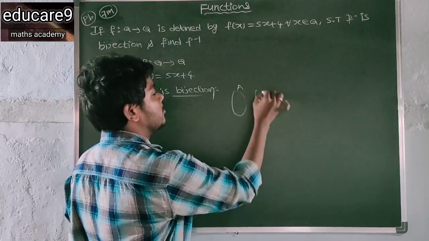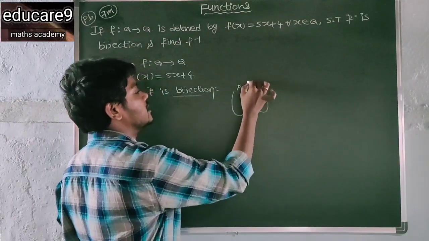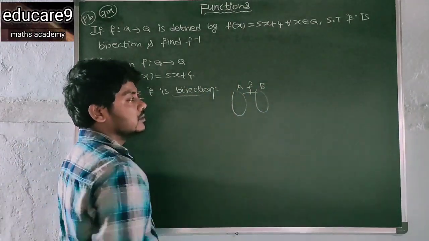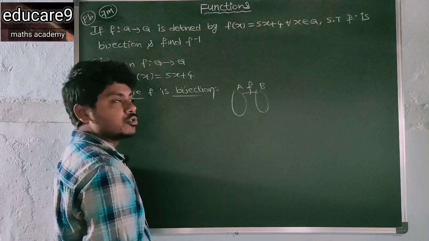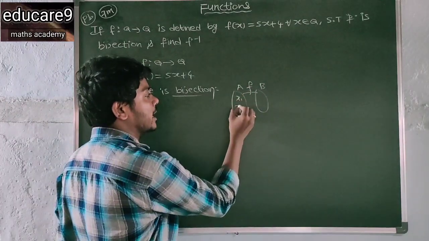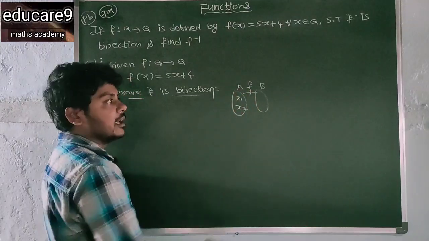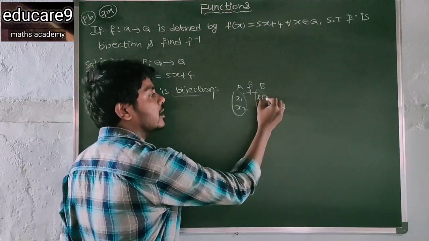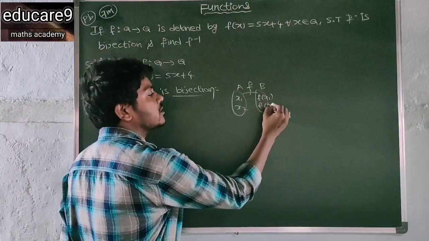A and B are two sets. There exists a function f. Let x1 comma x2 belongs to A, and the corresponding elements in the codomain are what? f of x1 and f of x2.